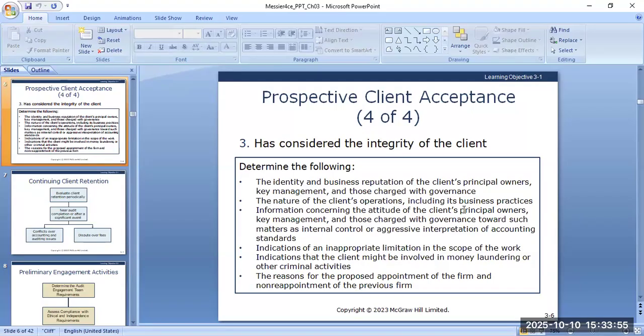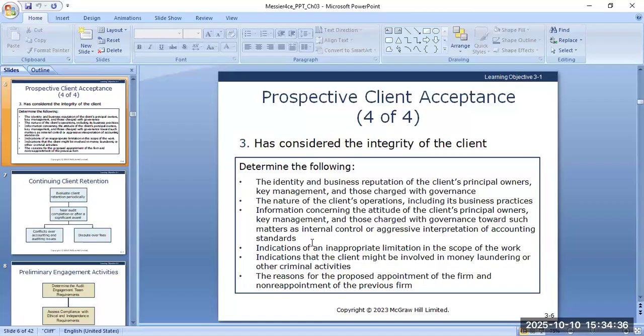Are they money laundering, or are they actually doing real business? Then information concerning the attitude of the client's principals, owners, key management, and those charged with governance towards such matters as internal control or aggressive interpretation of accounting standards. So now we have to assess those things as well. Again, that's before we accept the client audit.